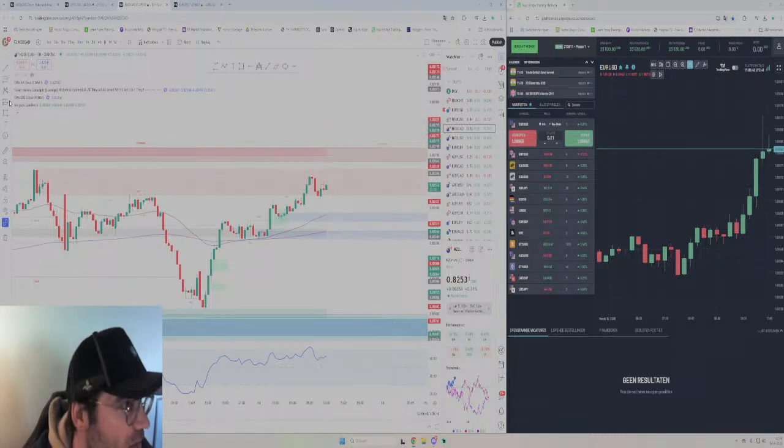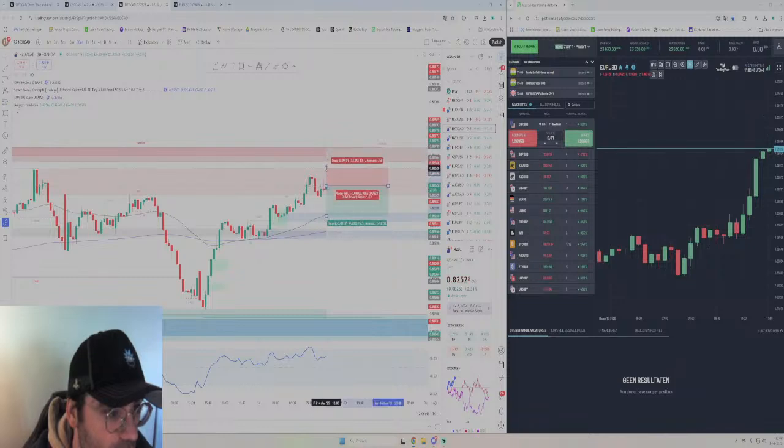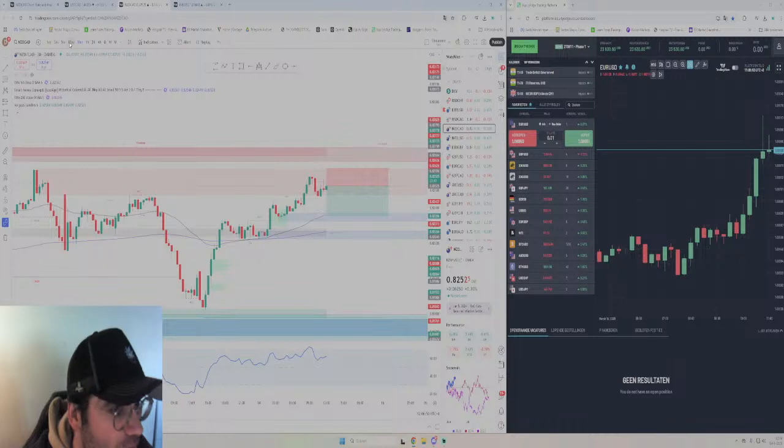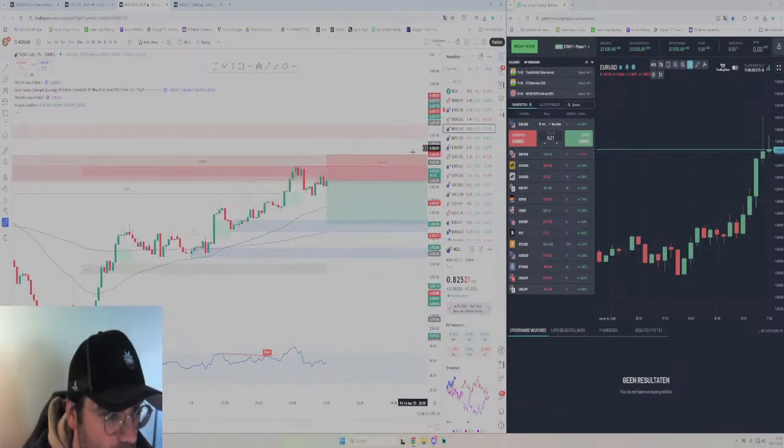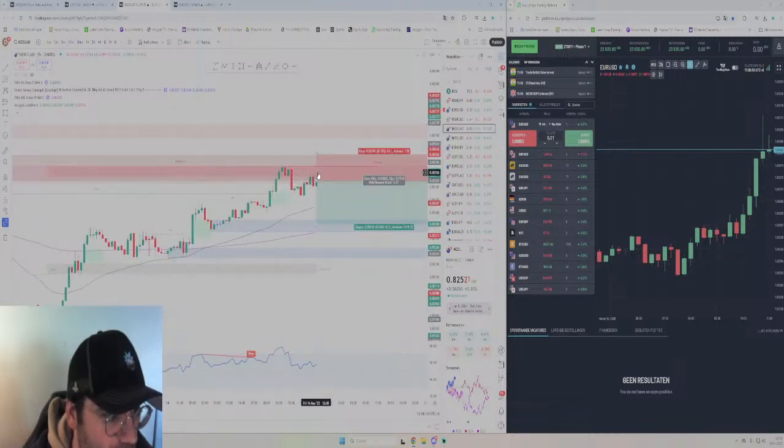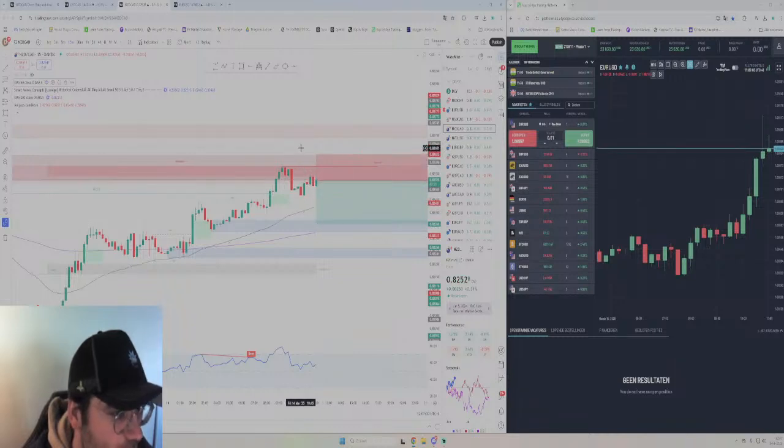Yeah, I think we can go for a short here. It is counter trend again, but it engulfed again. One rejection, another rejection. I think this is a nice little position.